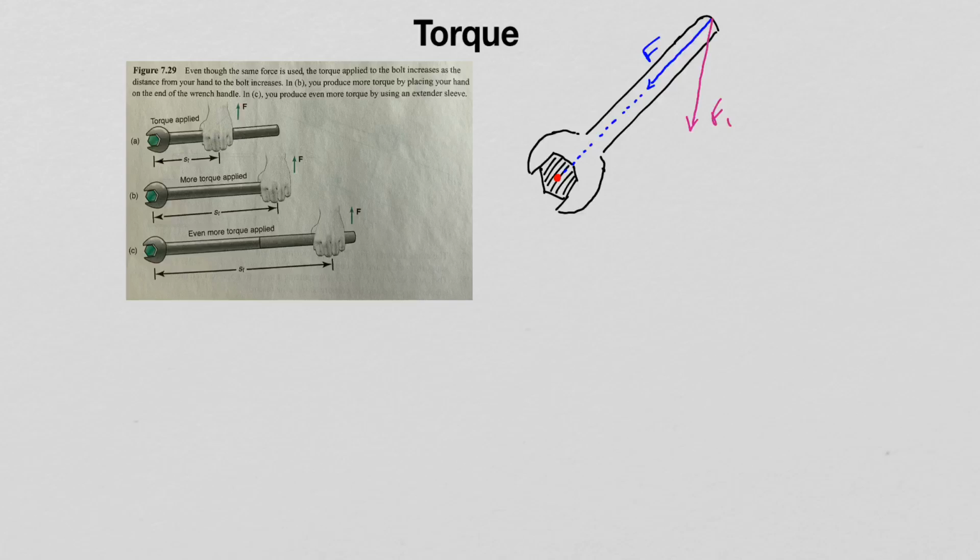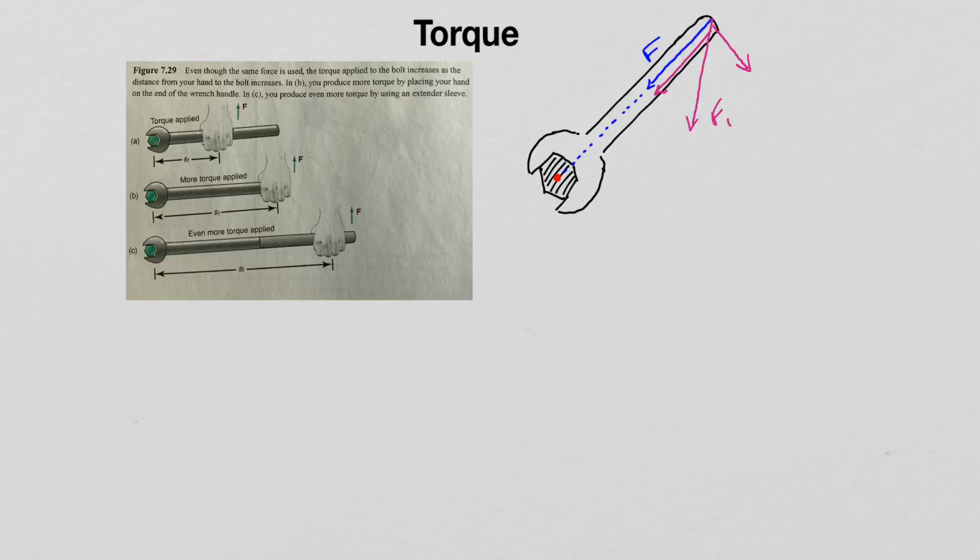Because a portion of the force is essentially directed towards the axis of rotation, and then what's left is directed perpendicular, and therefore only that portion here will generate torque. So if you are able to measure the torque generated by that much force versus the entire force acting perpendicular to the wrench, you would find that in the second case you are generating more torque.